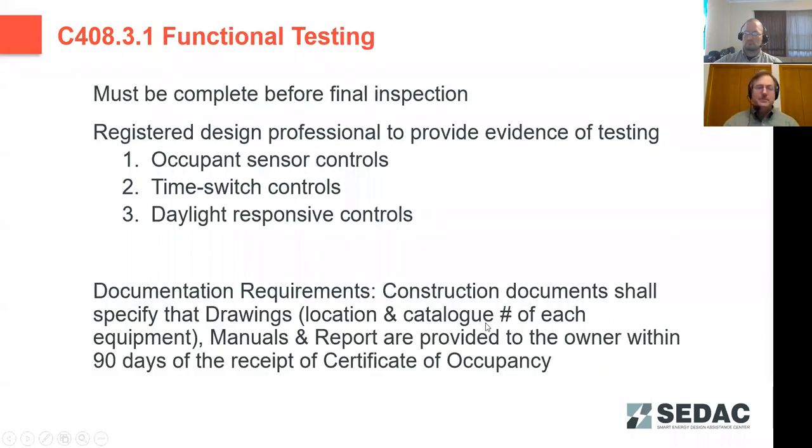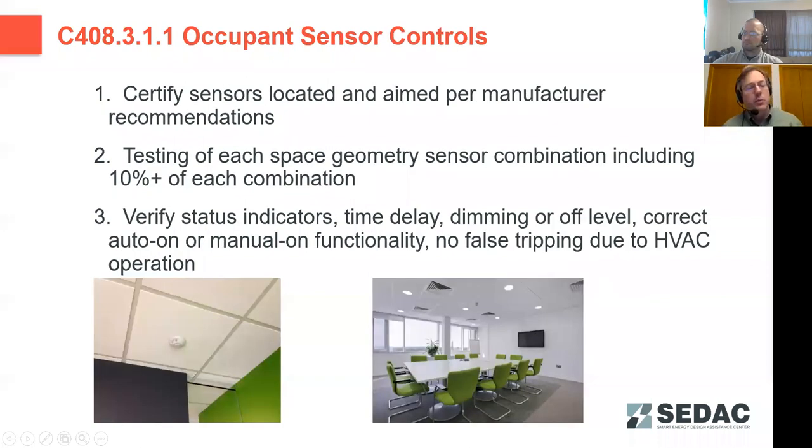So as far as the occupant sensor controls, what those require is that we have to test each area, each sensor combination and space geometry, and the code does call out the various aspects that we have to verify.